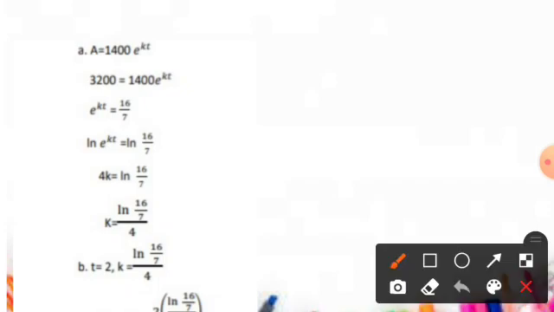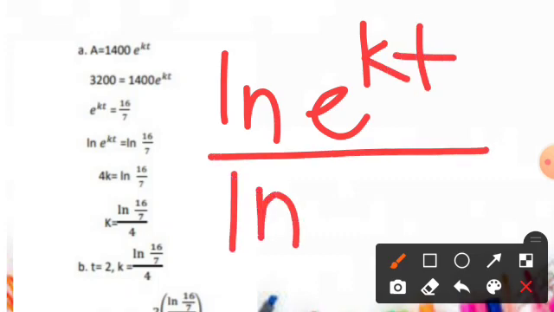So ln of e raised to kt is equal to ln of 16 over 7. So ln and e cancel, and what remains is kt, where k is the constant and t is the time.